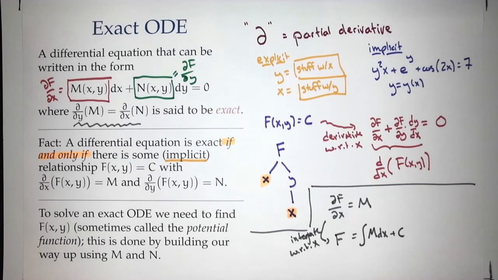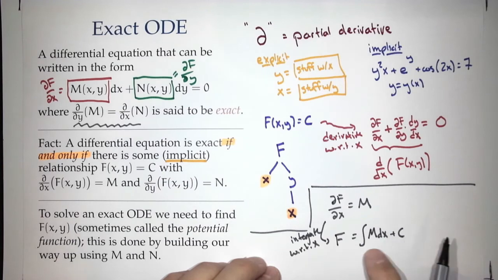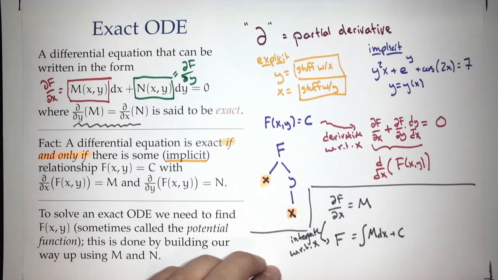You might wonder why not, but we integrate with respect to x, so when I talk about a constant here, I'm talking about constants as far as x is concerned. When integrating with respect to x, we think of the y as constants. So this is a constant function of y. How do you find that?